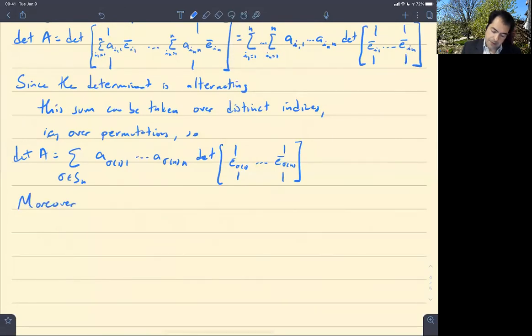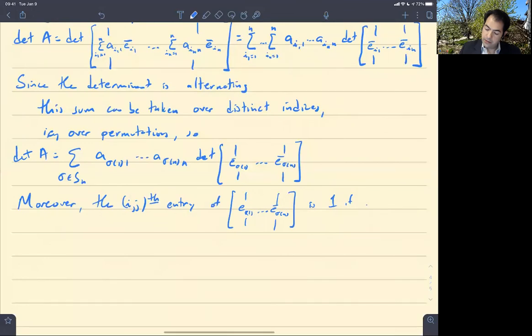Moreover, the ij-th entry of this matrix, where you have E_{sigma(1)} through E_{sigma(n)}, is 1 if i is equal to sigma(j), 0 otherwise.